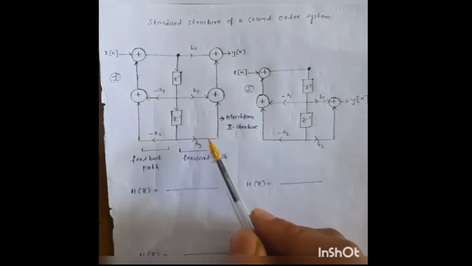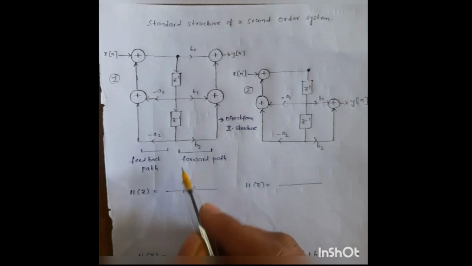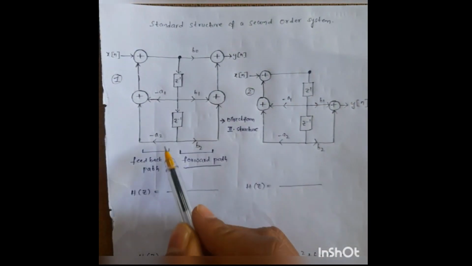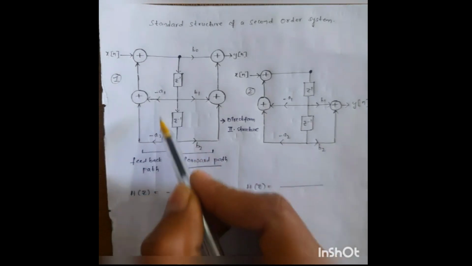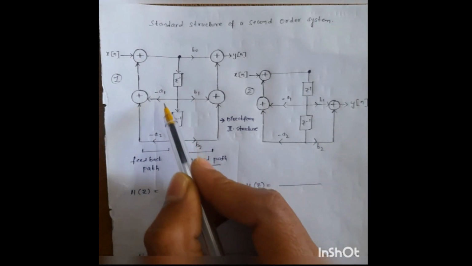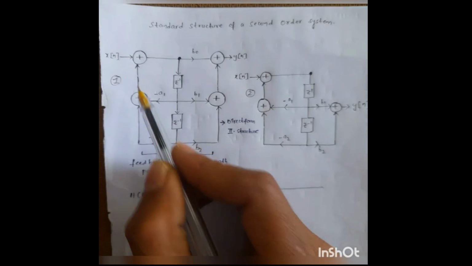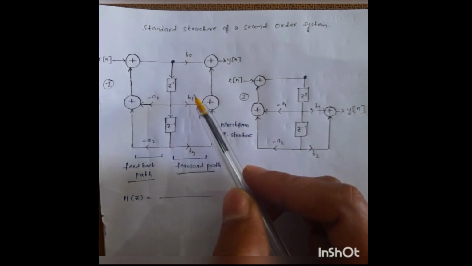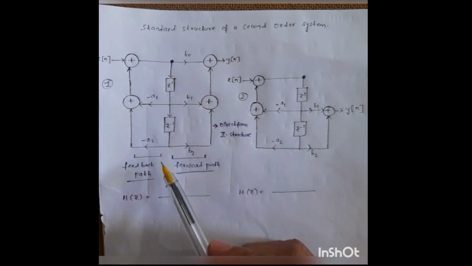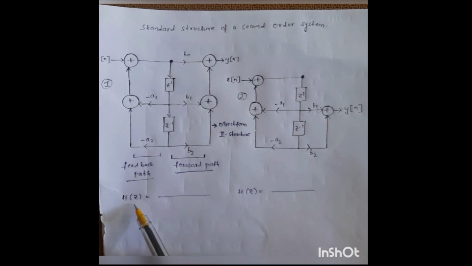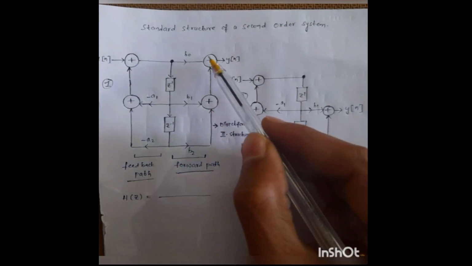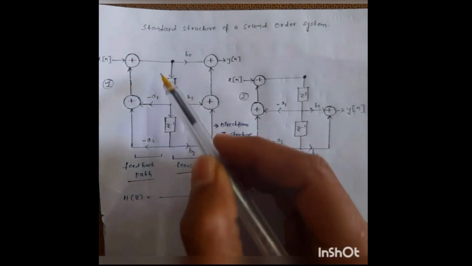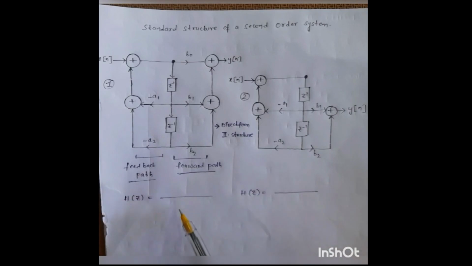So these are considered as forward paths. And the paths minus a2 and minus a1, these two paths are heading towards the input, so these are considered as feedback paths. Whenever the structure is like this, the transfer function, that is h of z, can be written as, the complete forward part comes in the numerator and the complete feedback path comes in the denominator.